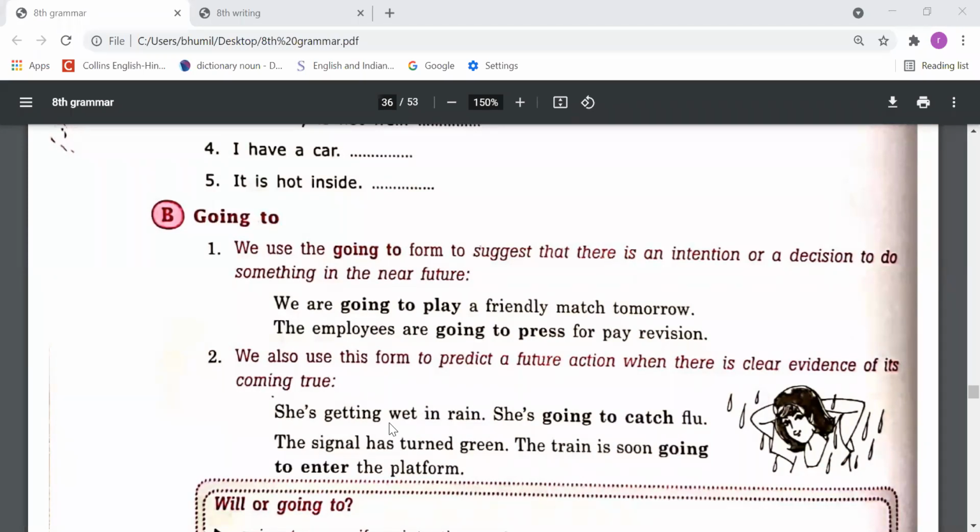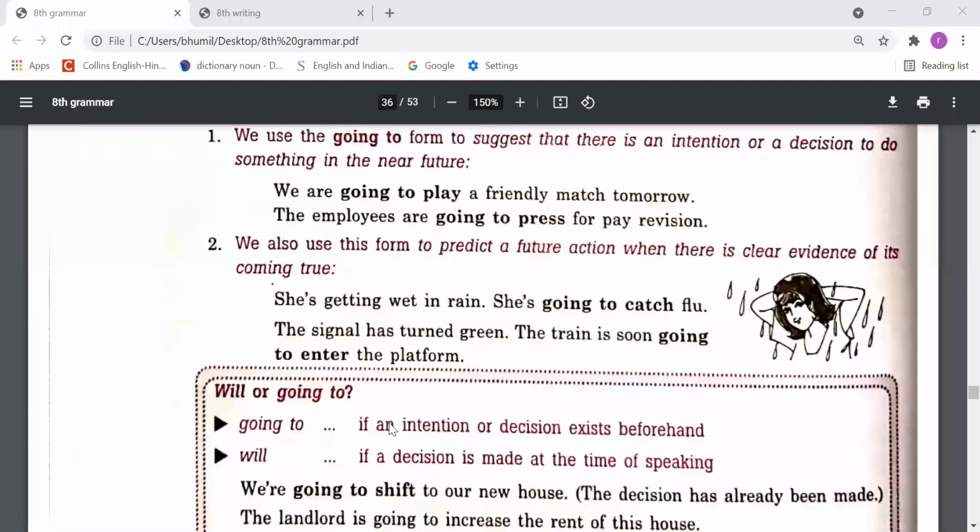Second point, we also use this form to predict a future action when there is clear evidence of its coming true. When we haven't decided something, but in future it will be done because you have a strong prediction regarding this, you have clear evidence regarding this. She is getting wet in the rain, she is going to catch flu.